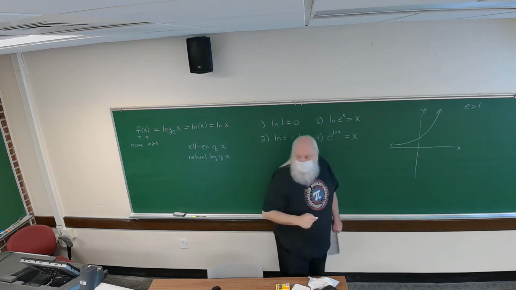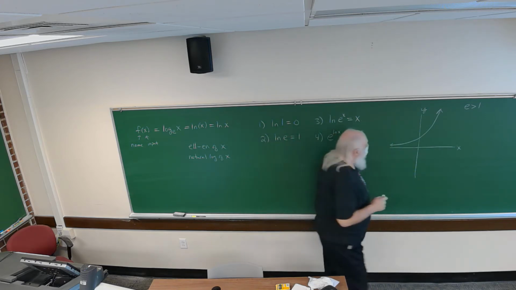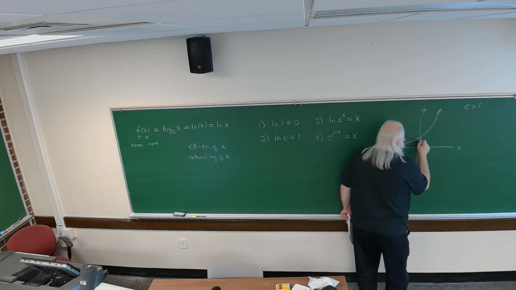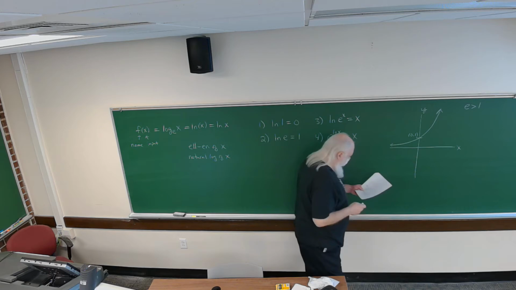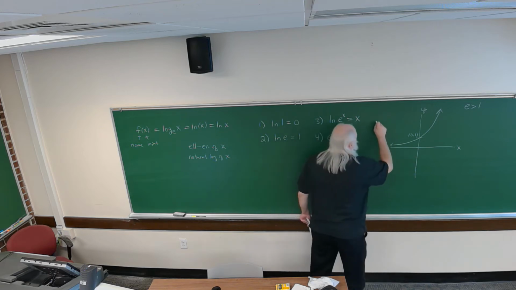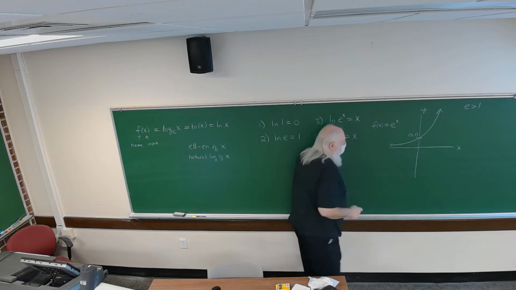Remember that? And it crosses the y-axis at the point (0, 1). So that's roughly what the graph of e to the x looks like.